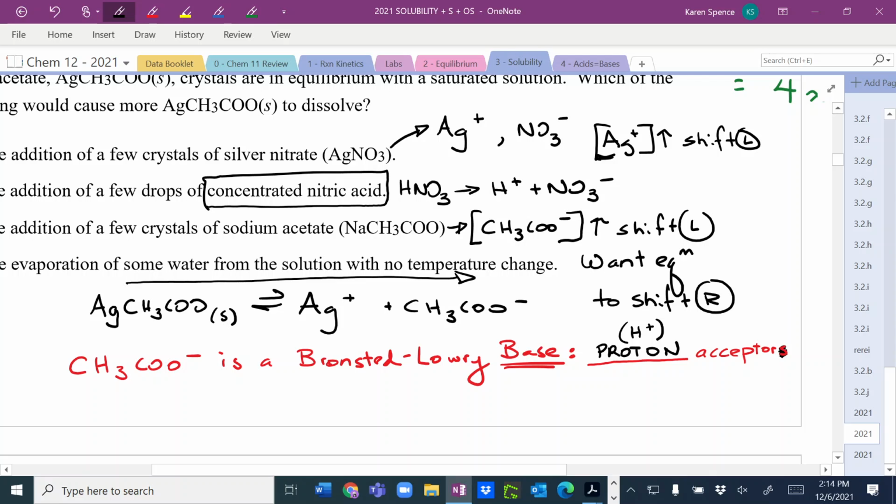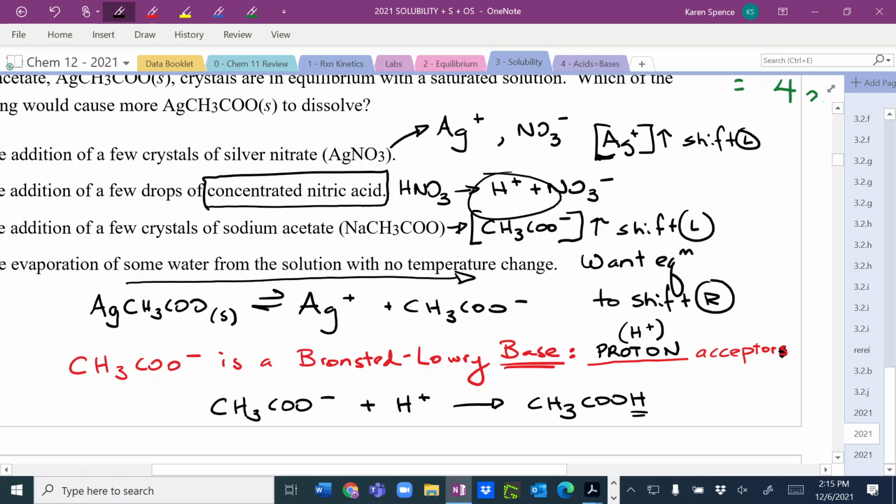So CH3COO- is a proton acceptor. What that means is that if you provide it with an H+, which we are doing here, you will have CH3COO- plus H+, and you will get CH3COOH. Because it's an organic acid, we put this hydrogen on the end.